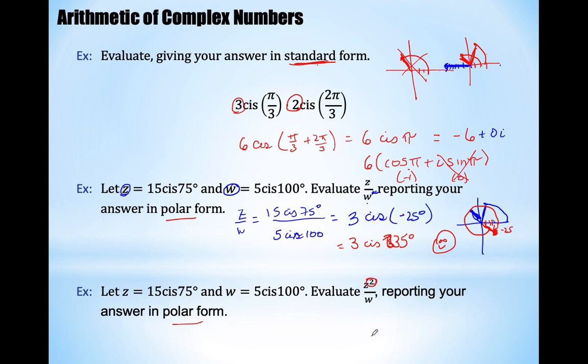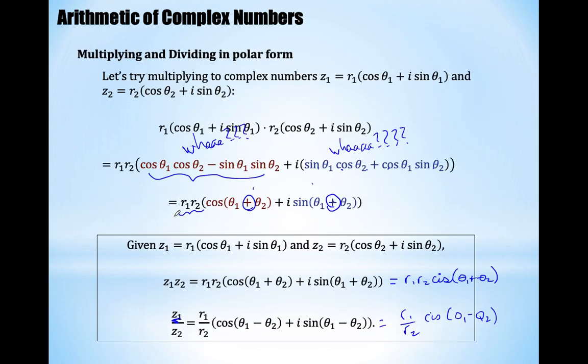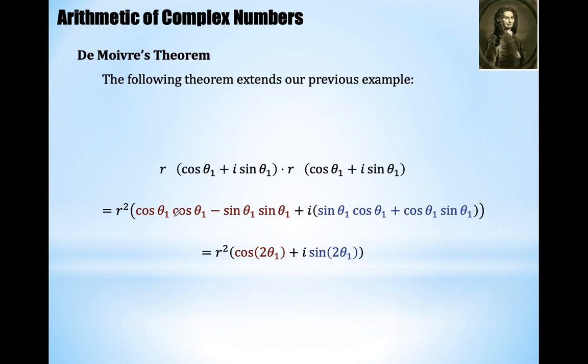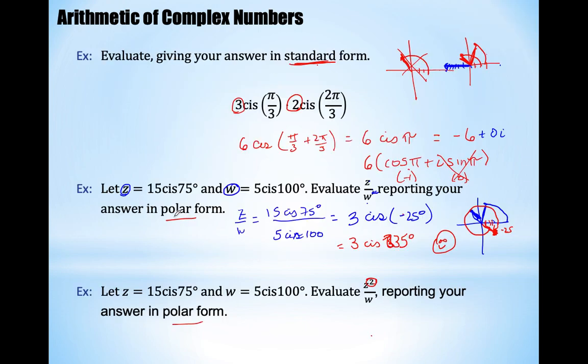So let's take care of the multiplication first. So I have 15 cis 75 times 15 cis 75. So z squared is going to be what? Right?